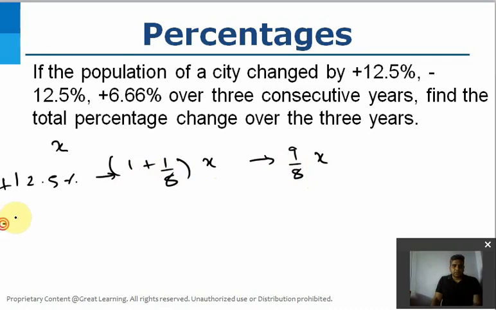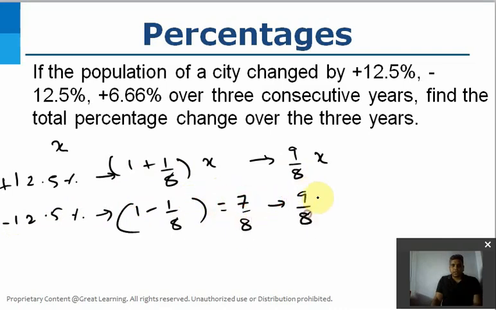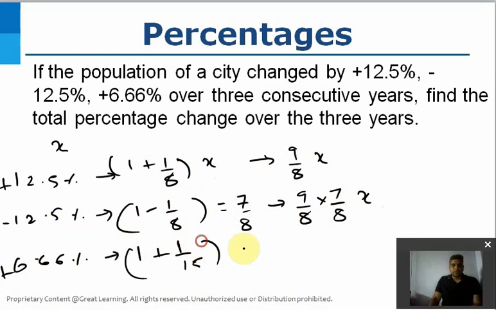Similarly, a minus 12.5% change means 1 minus 1 by 8, simply 7 by 8. So 9 by 8 into 7 by 8 x, just multiplying the previous value with the new change. And 6.66% is nothing but 1 plus 1 by 15, so 16 by 15.